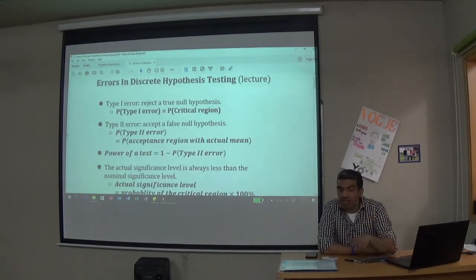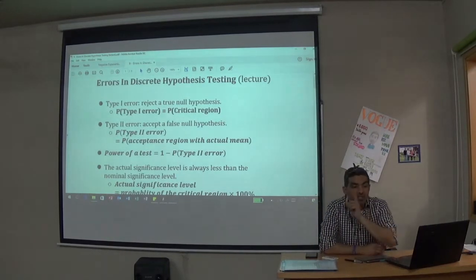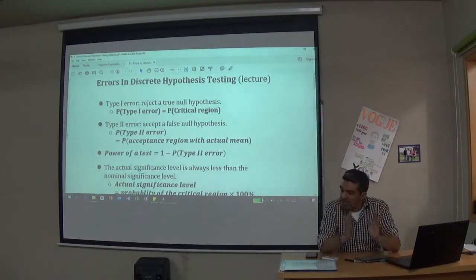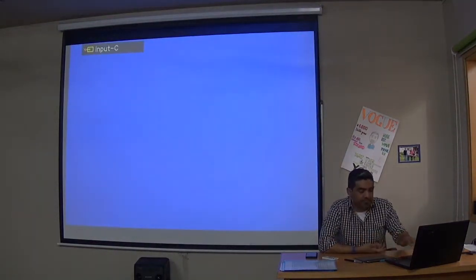But that is not the case for discrete. In discrete, the probability of the rejection region will always be a bit less than the nominal significance level given in the question. Therefore, the probability of type 1 error will also be a bit less than the alpha value mentioned in the question. Are we clear till here?